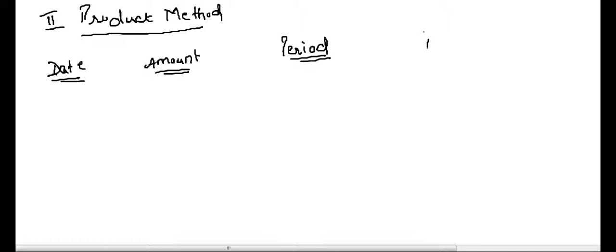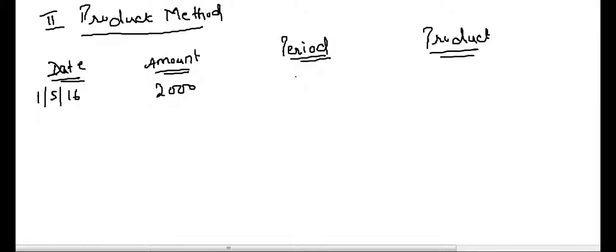Now I'll make one table. I'll say date, then amount of drawing, then period for which this drawing is being used, and then the product. Now I have on 1st of May 2016 amount withdrawn is 2,000.